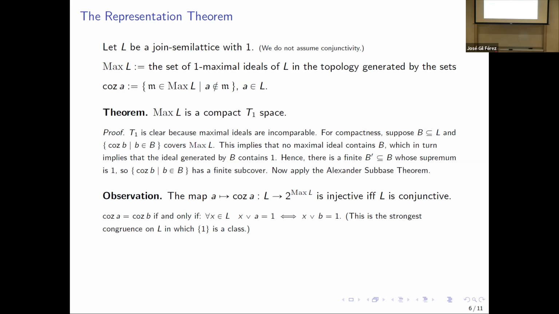So there's a finite subset of B whose join is one. That means that this cover has a finite subcover. Well, we were dealing with the subbase. So every cover by subbasic elements has a finite subcover. The subbase theorem gives us that the set is compact.